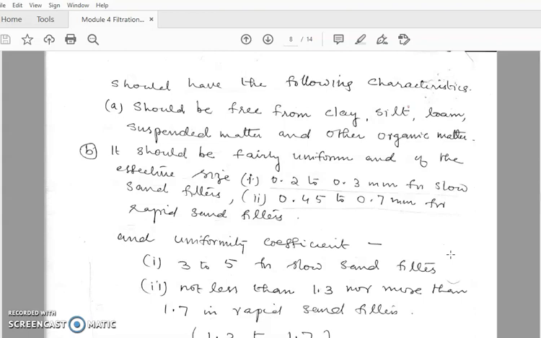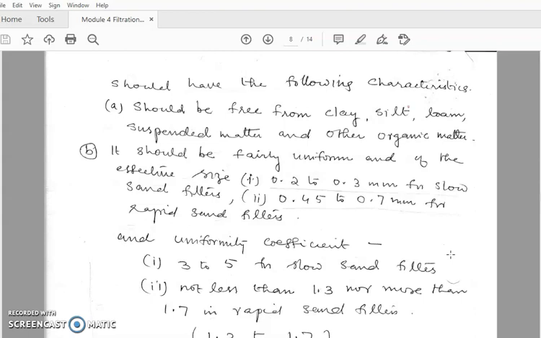Usually the sand which we collect from the rivers is used as the media, since it is free from clay and silt or loam, and suspended impurities are not there. So we collect it from the rivers.